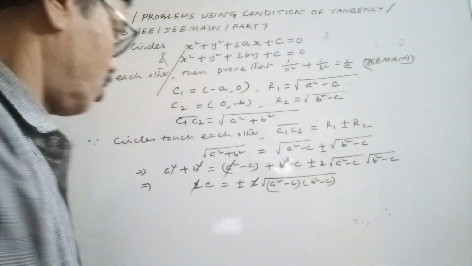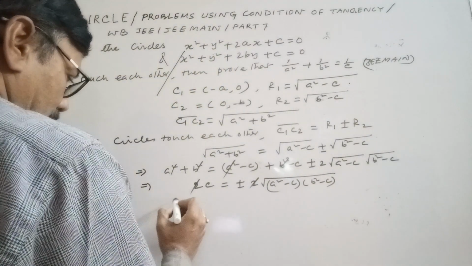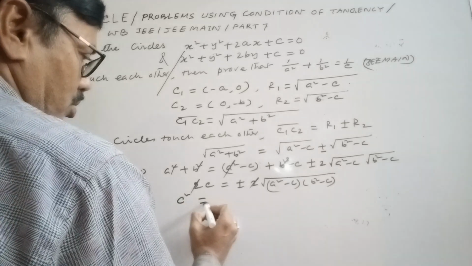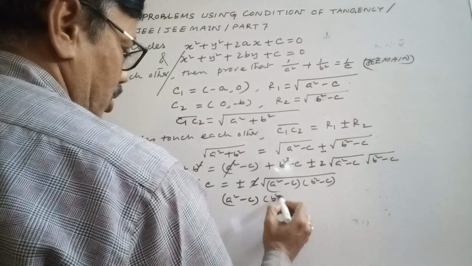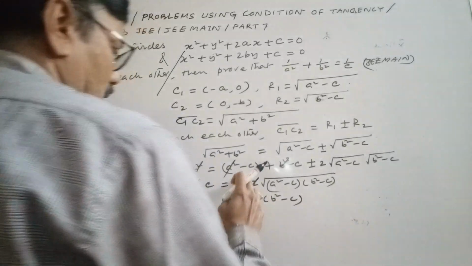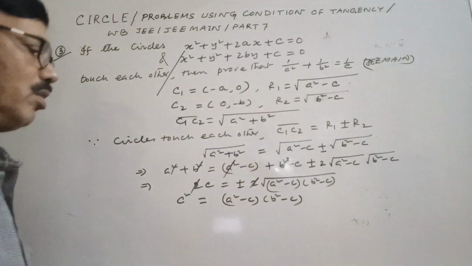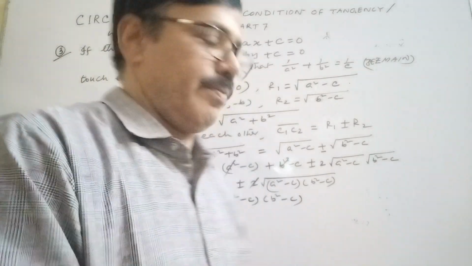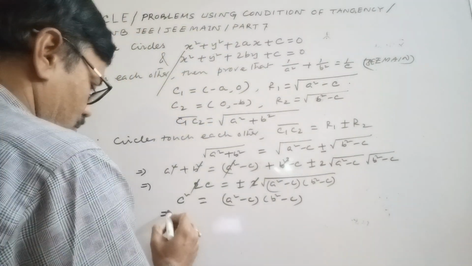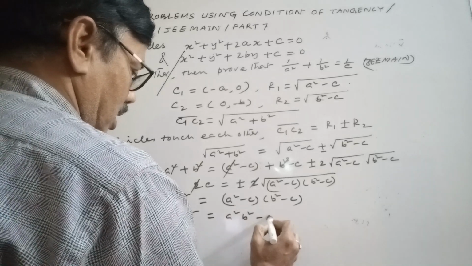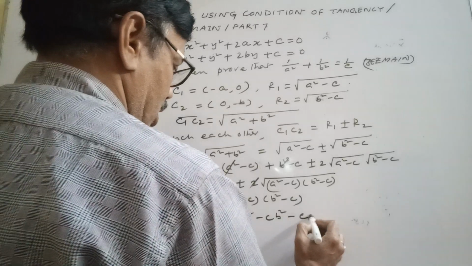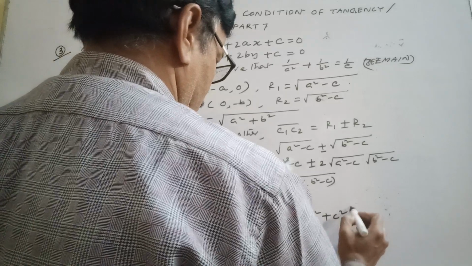Now squaring again. So c square equals a square minus c into b square minus c. Plus square also plus, minus square also plus. So finally we are getting c square equals a square b square minus c a square minus c b square plus c square.